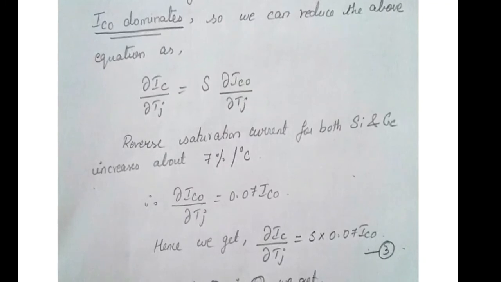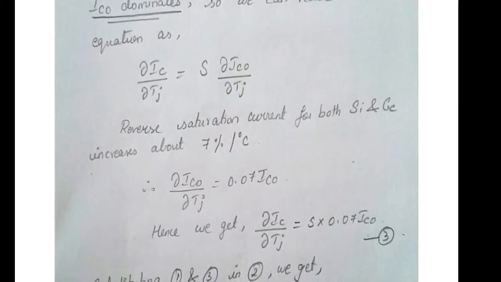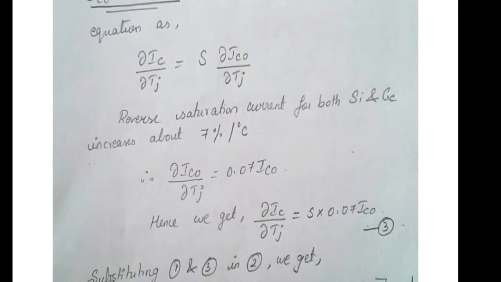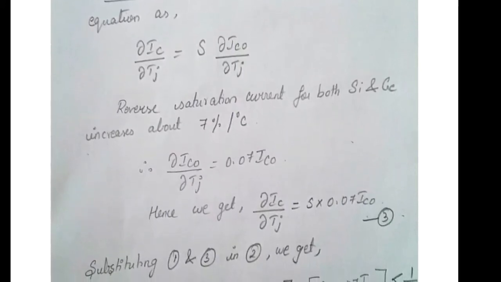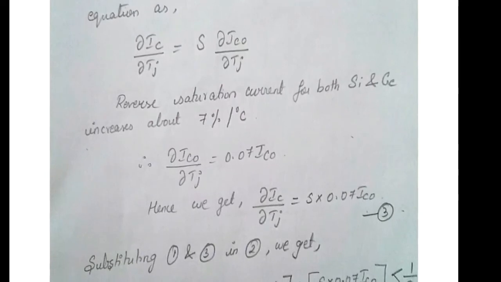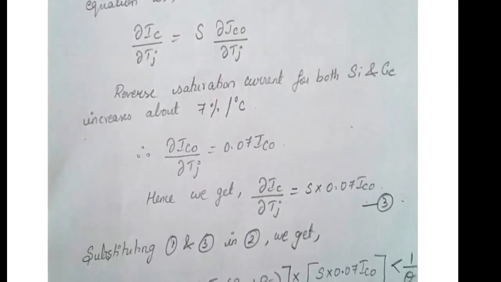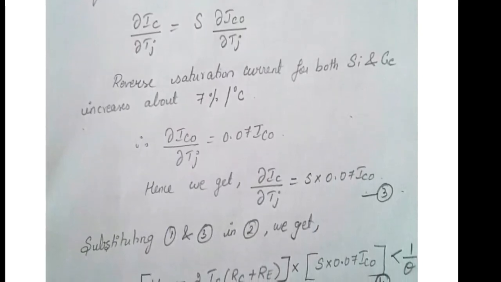The reverse saturation current for both Si and Ge, that is silicon and germanium, increases about 7% per degree Celsius. So we can say dou IC naught by dou Tj is equal to 0.07 IC naught. Hence we get dou IC by dou Tj is equal to S into 0.07 IC naught.